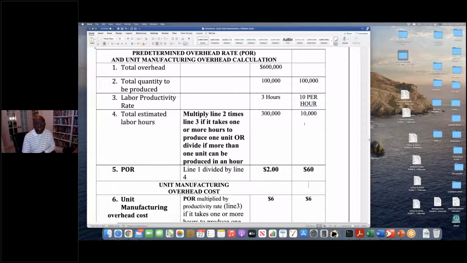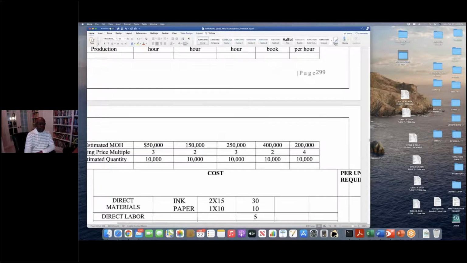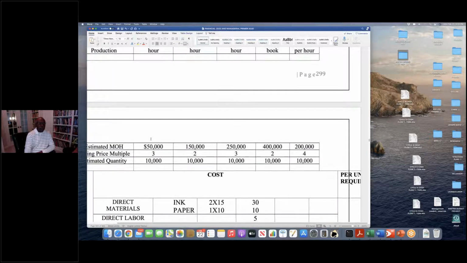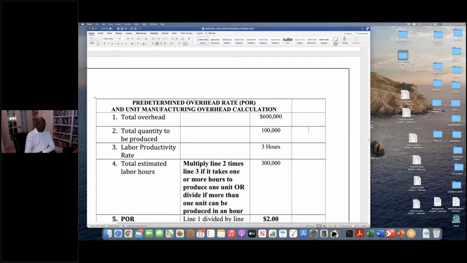Okay, so the total overhead in this case was how much? 50,000, right? Yeah. So let's put 50,000 here.